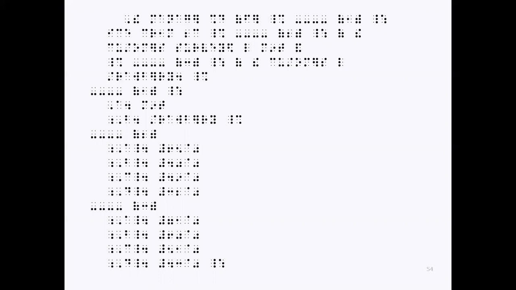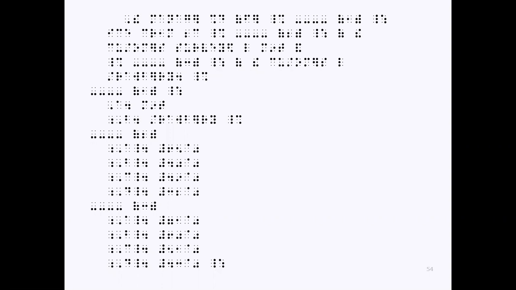Okay, so if there is an equation outside of the context of the question, it will still appear in Nemeth this year, if it's in a math or science test that is transcribed in UEB with Nemeth. Channing, yes, that is correct.